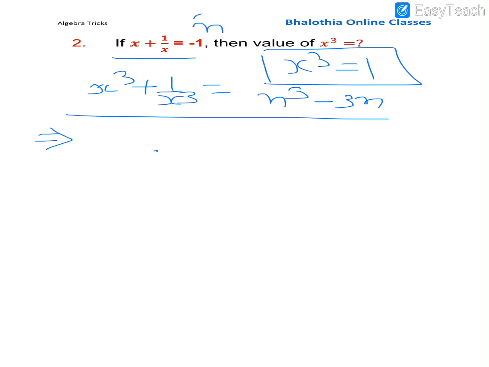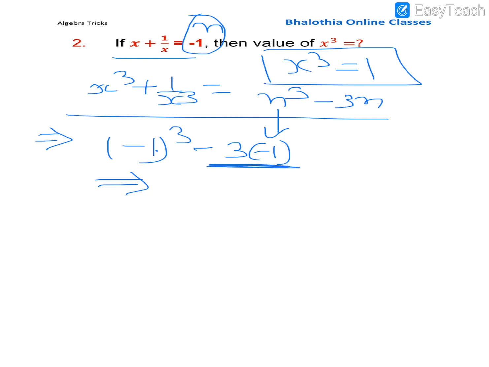If we put n equal to minus 1 in this equation, it will become minus 1 raised to the power 3 minus 3 times minus 1. So this will become minus 1 plus 3, so it will become 2.